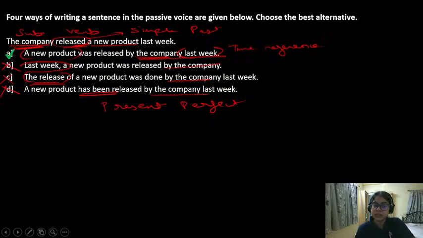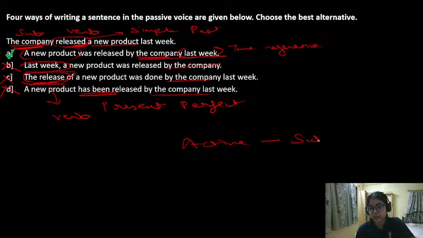I hope you understood the difference between A and C. C says the release of a new product was done by the company last week. Okay, so here the focus is on the release, which is the verb. But in the two sentences, the difference is active focuses on subject and passive focuses on object.